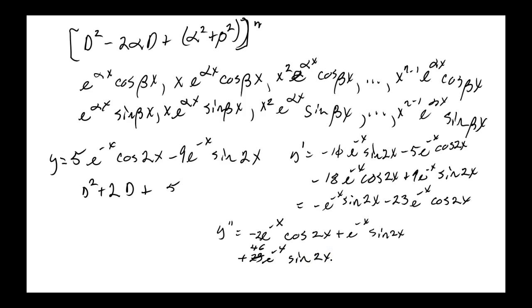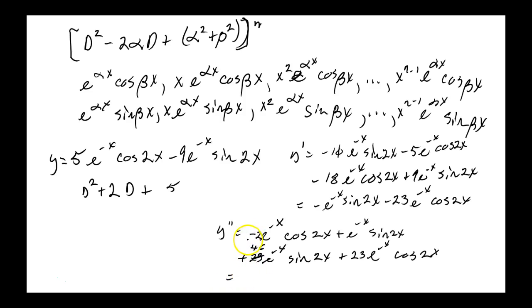I changed the sign because the derivative of cosine is minus sine. The double came from the chain rule part there. And then we have derivative of the second part, which is going to be a plus 23e to the minus x cosine 2x.